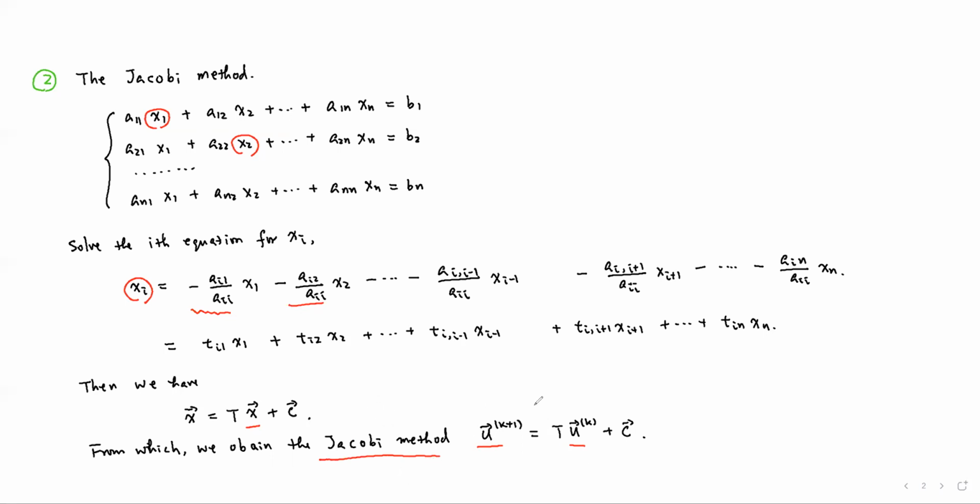A second way to derive the Jacobi method is splitting the coefficient matrix A of the linear system.